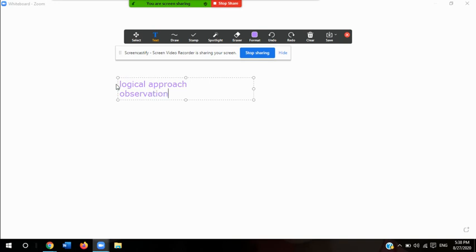After the observation, I generate or formulate a hypothesis. Then I test that hypothesis, or experiment.